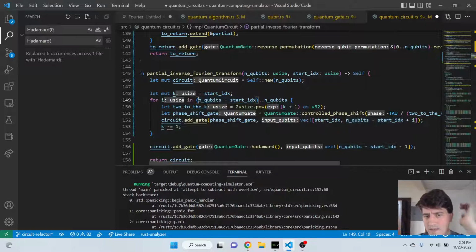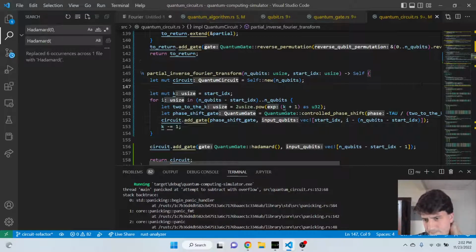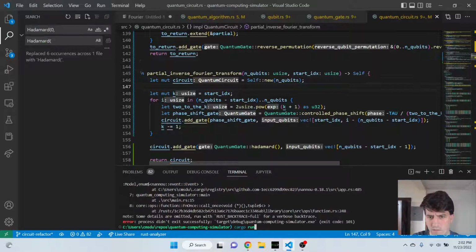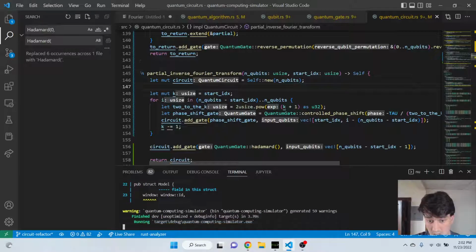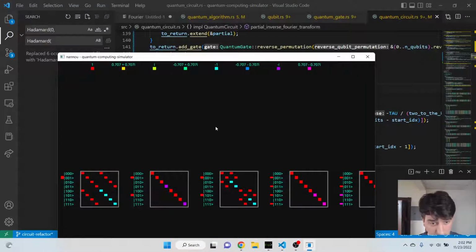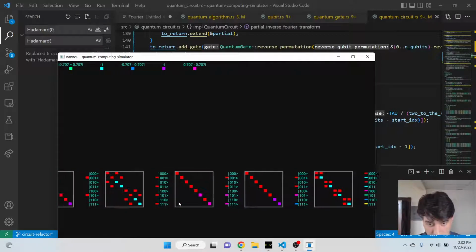So I minus n qubits minus start IDX. Because that way it counts upward from 0. Hey, okay. Answer still looks wrong.